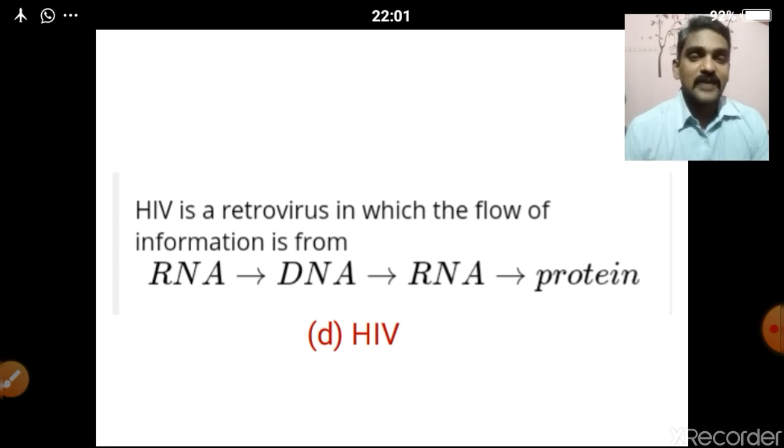Then again the DNA will produce RNA, that is transcription, and RNA to protein is translation. So in HIV, the normal central dogma will not be followed. It will be in a different manner. It starts with RNA and ends with protein. So option D will not follow the central dogma.